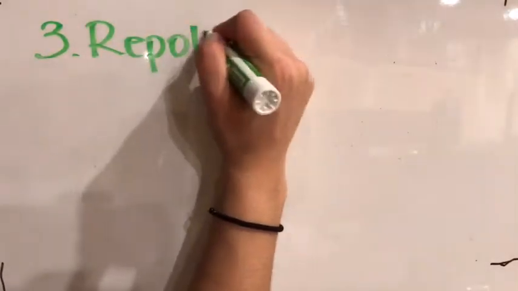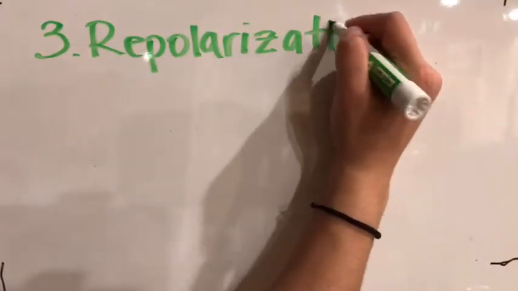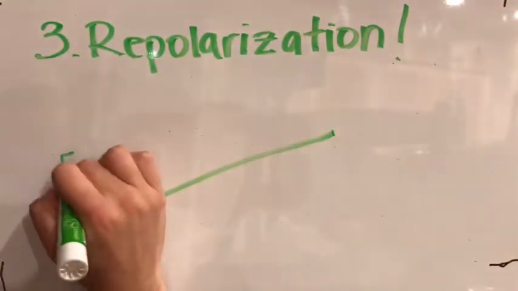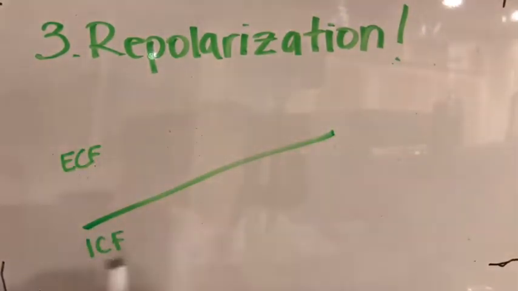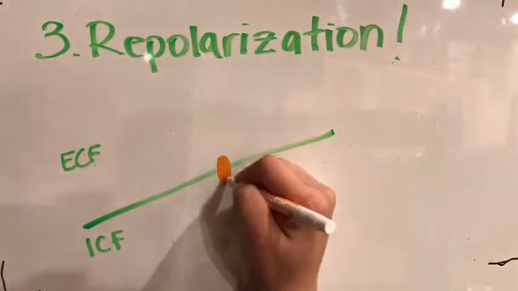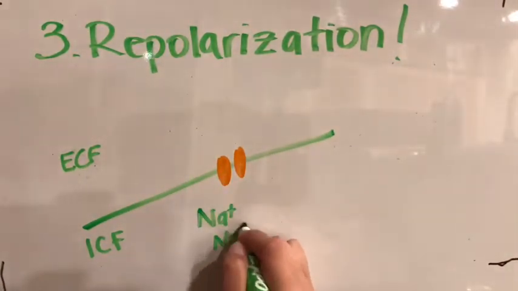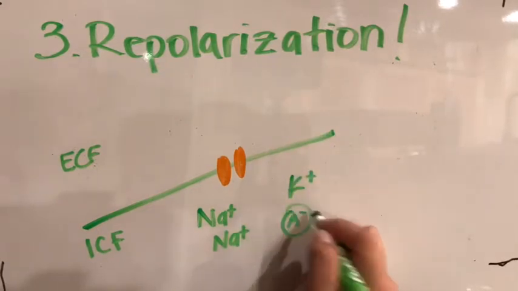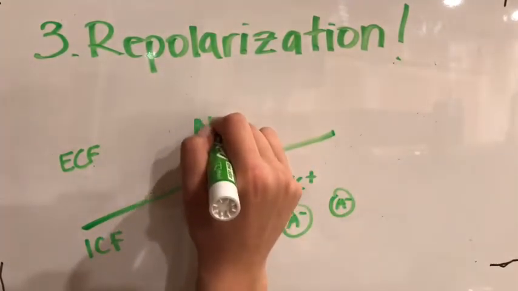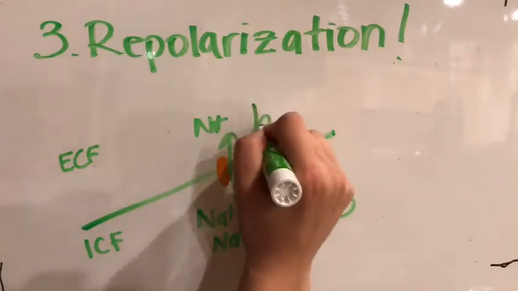Step 3 is repolarization. Repolarization means to make it negative again. Now that the cell is overcrowded with positive charge, potassium channels are going to open, allowing potassium and sodium to exit the cell.